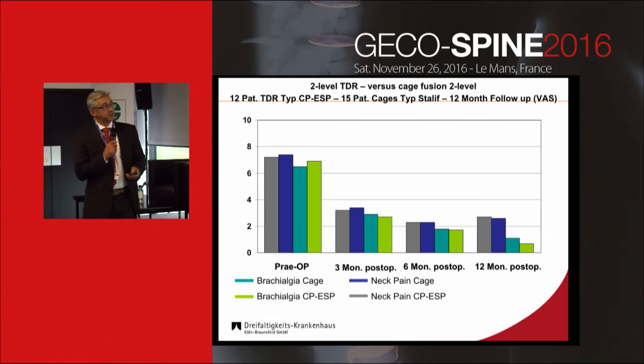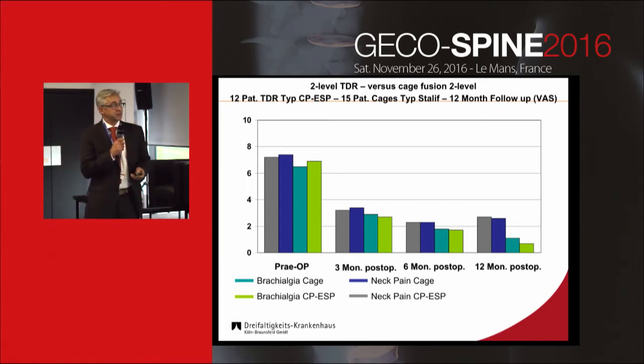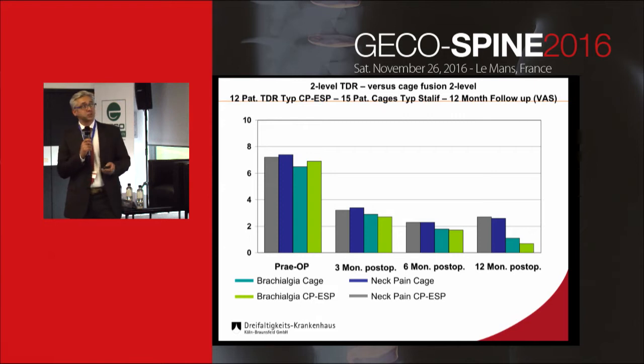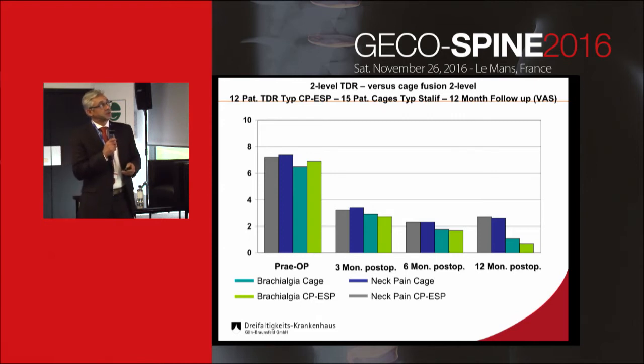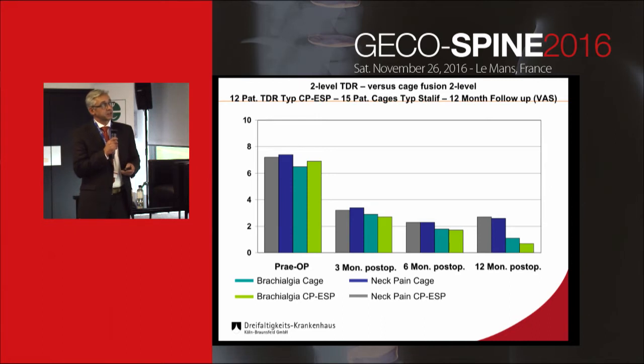These are a few statistics from our clinic. We compared 2-level TDR versus cage fusion with a stay-lift cage, a standalone cage with screws. We had 2 patients with the TDR, the CPESP, and 15 patients with a stay-lift cage, at 12-month follow-up.